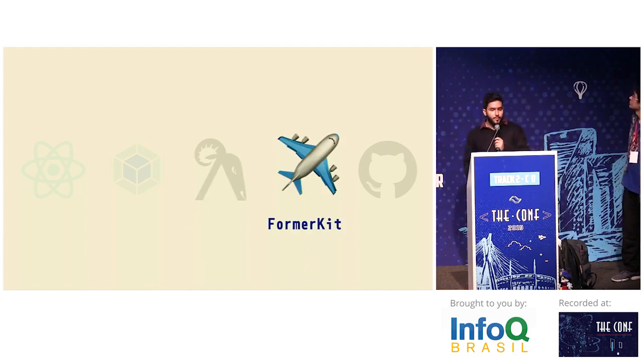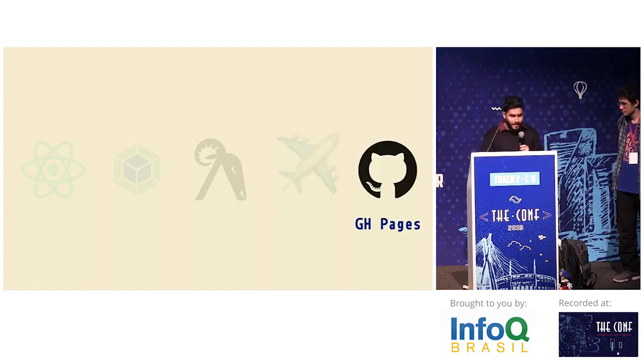As a UI library, we picked FormaKit because it has many components that we had in our UI mocks, and the grid-based layout too. It was a static site, so we deployed on GitHub Pages, but it could have been any other thing like Surge or Now.sh or whatever.